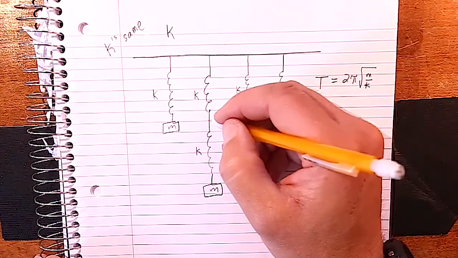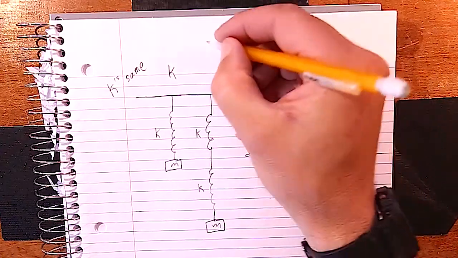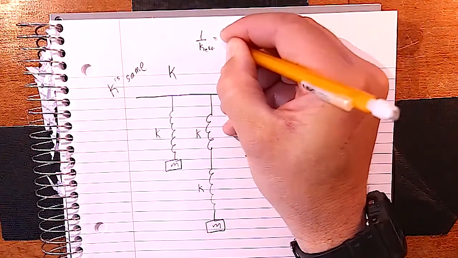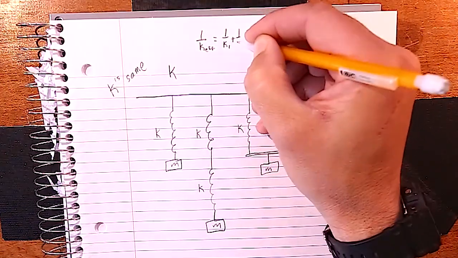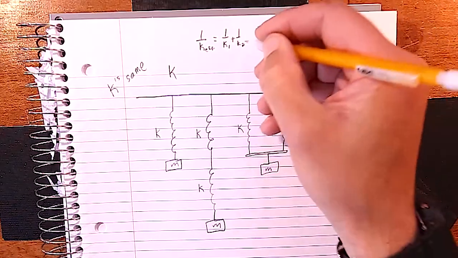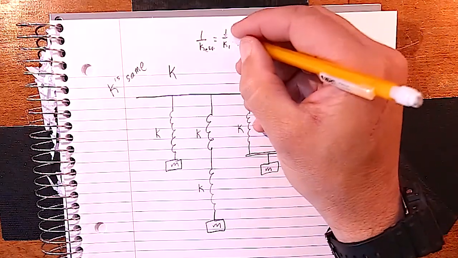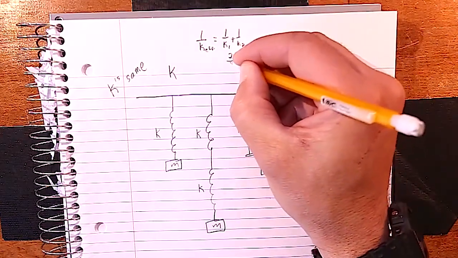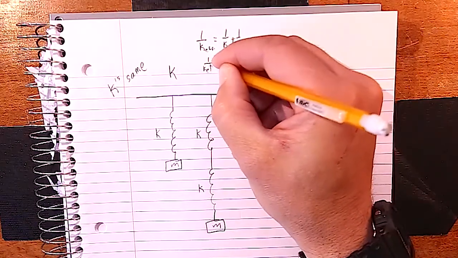But for the springs in series, this is a little more complicated because our formula is 1 over K effective, which is equal to 1 over K1 plus 1 over K2. But in this case, these K's are the same. So we can say 1 over K plus 1 over K is 2 over K, and that's equal to 1 over K effective.